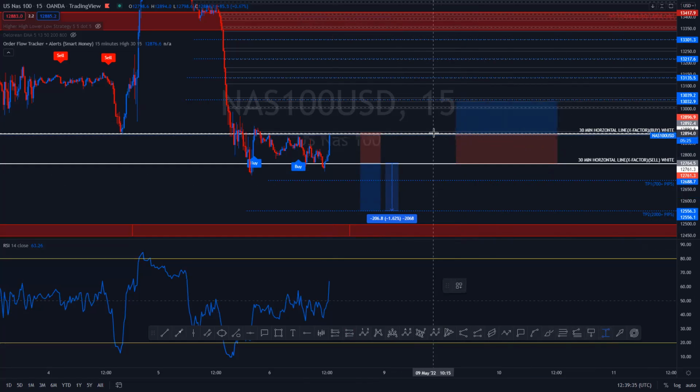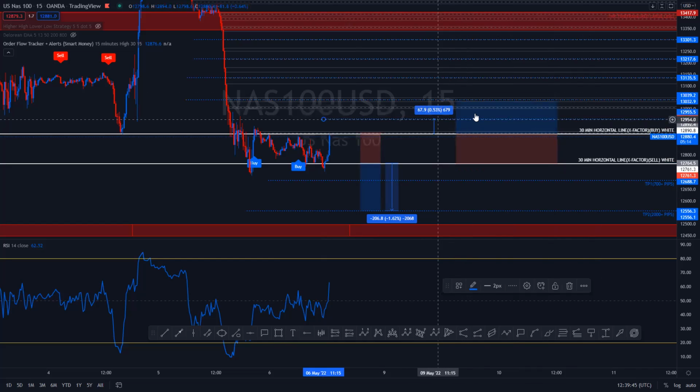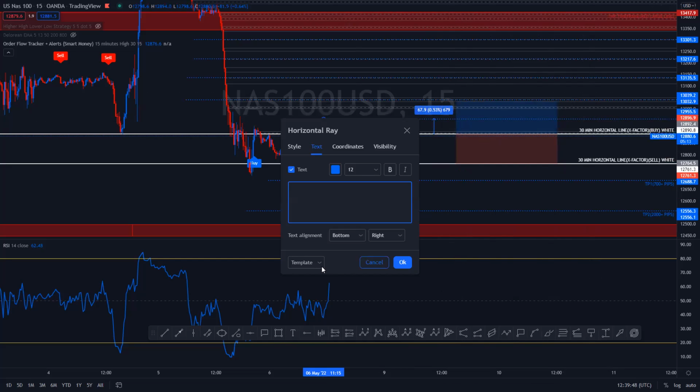But I want to get at least 10 pips worth of NAS, so that's going to be all the way up until right here. So I'm going to say TP1 here. That's going to be TP1, 670 plus pips.